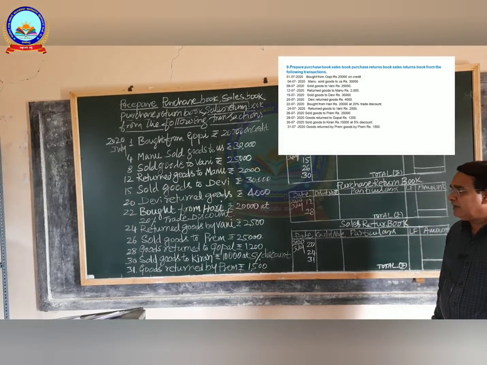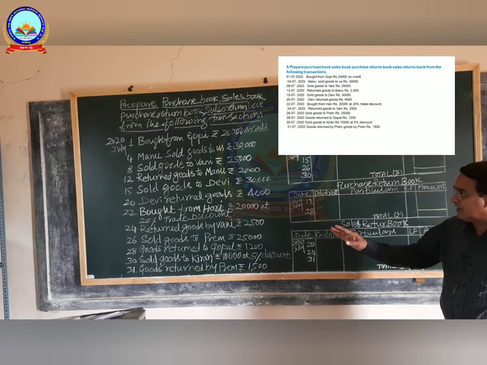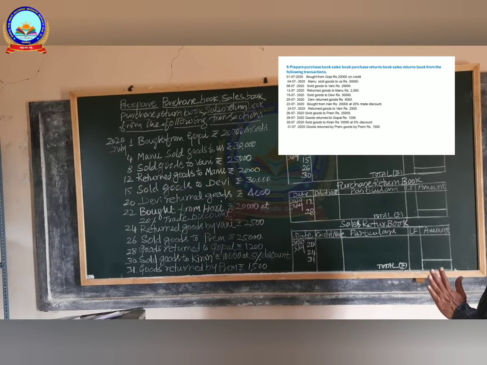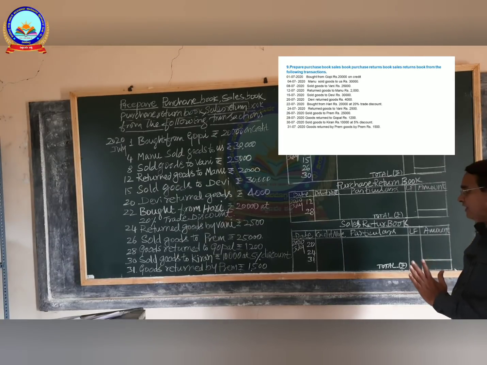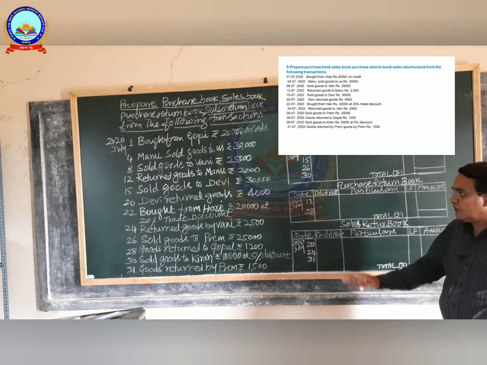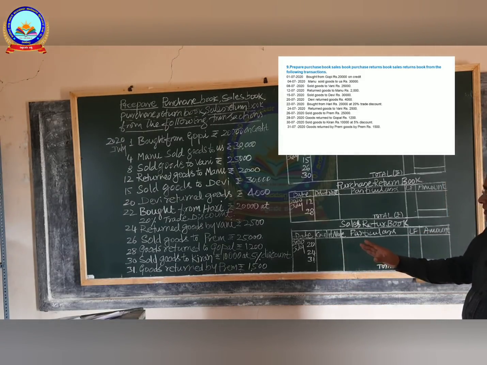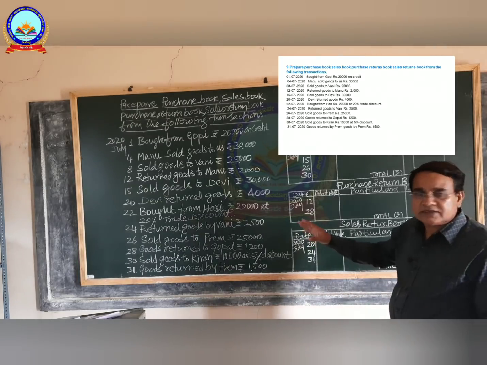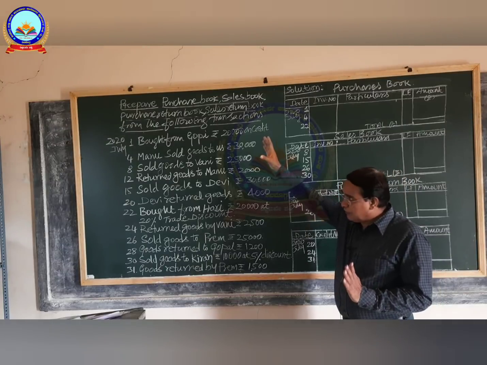On 28 goods returned to Gopal rupees 1,200 and on 30th sold goods to Kiran rupees 10,000 at 5% discount. 31st, goods returned by Prem rupees 1,500. These are the transactions given to you.